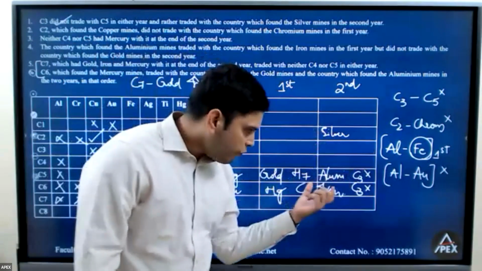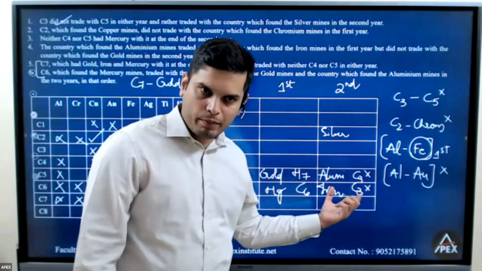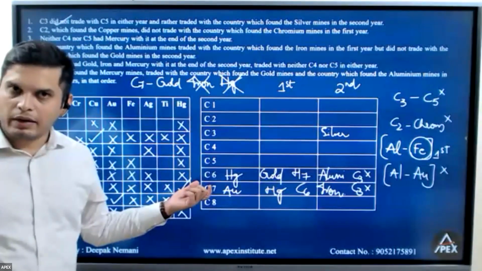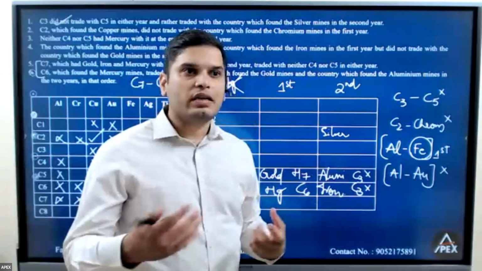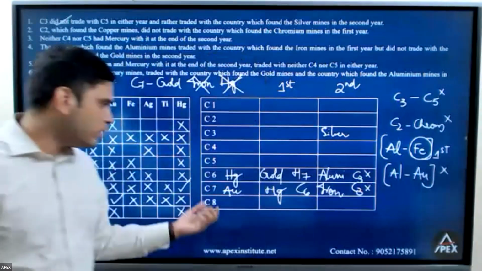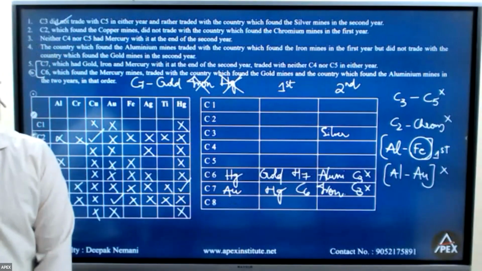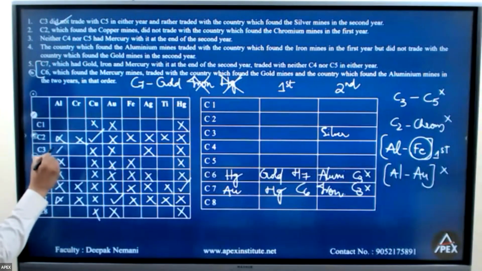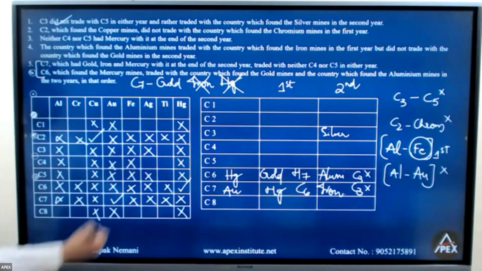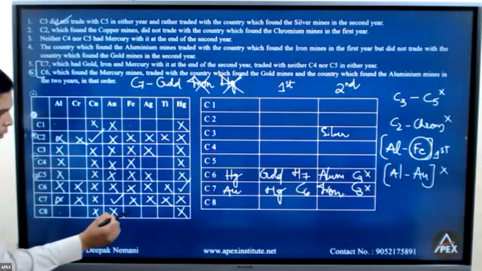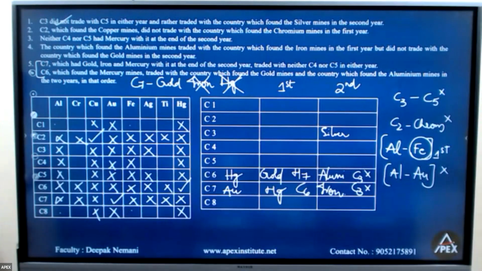For example, if I consider that C3 has an aluminum mine, then C3 should trade with C6 in the second year. And if I consider that C3 has an iron mine, then it should trade with the country with gold in the second year. So this cannot be aluminum or iron. Now if you observe, aluminum and iron can be for C1 or C8.